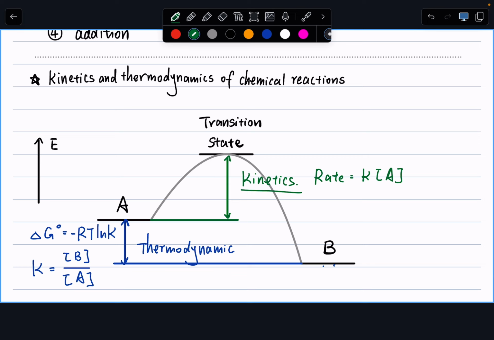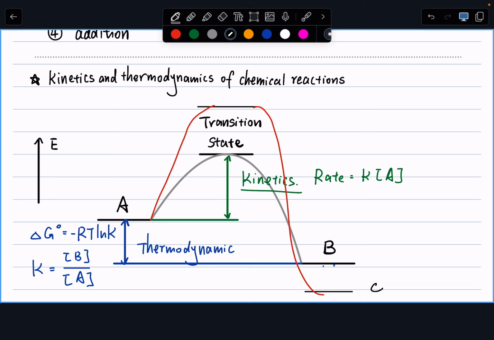On the other hand, in reality, we are always facing the situation of selectivity. That is, in this case, for example, between your A to B, you could also have a potential formation of a compound C via a different transition state.